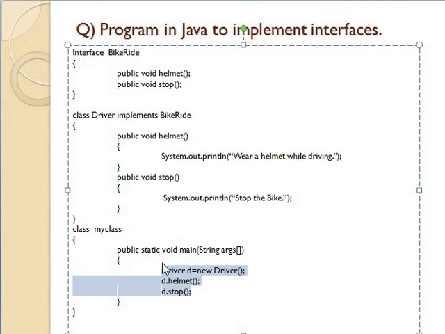Now come inside the main method, see the first Java statement. This statement creates an object D of the class driver with the new keyword.